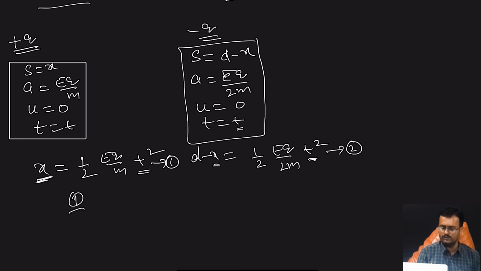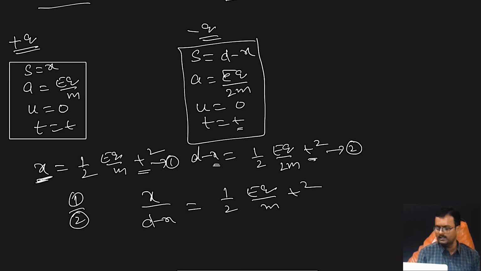So x by d minus x equals half EQ by m into t squared by half EQ by 2m into t squared. The half cancels, E cancels, Q cancels, m cancels, t squared cancels. So 1 by 1 by 1 by 2, that is 2.